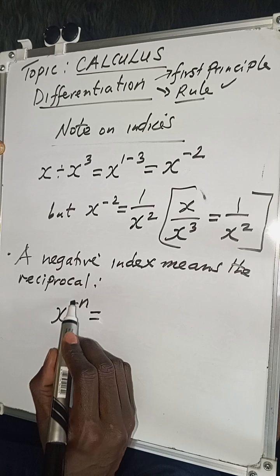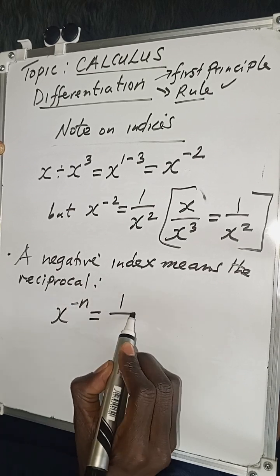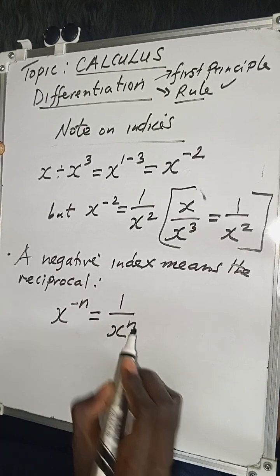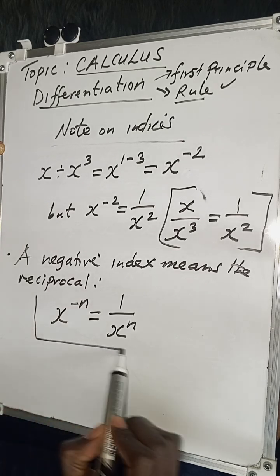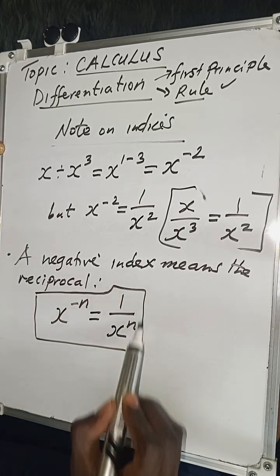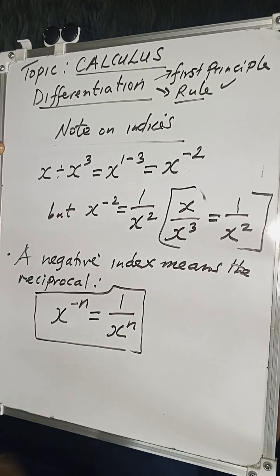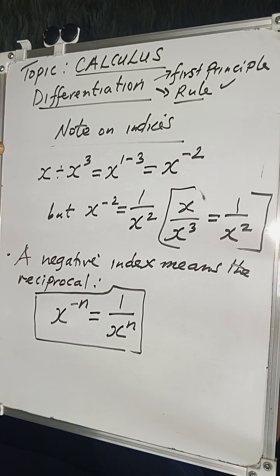The negative becomes 1 over x raised to a positive index. So please, you need to remember this rule. You are going to be applying it, especially as we carry out our differentiation. So you need to remember such rules that we are going to apply.